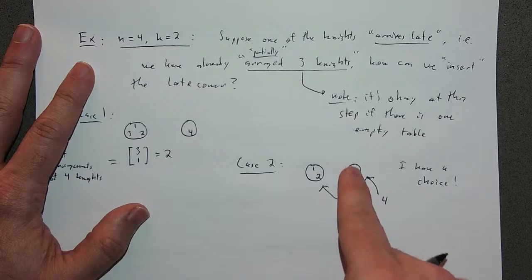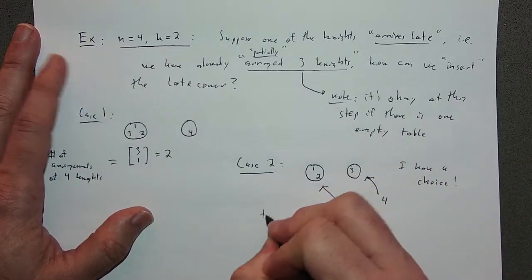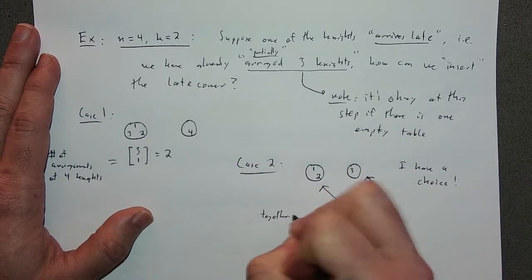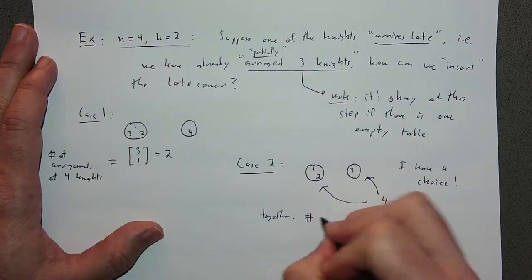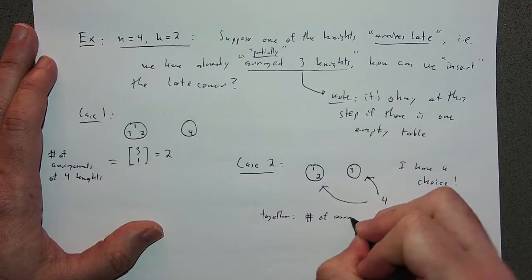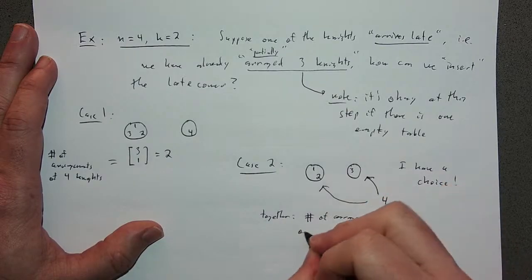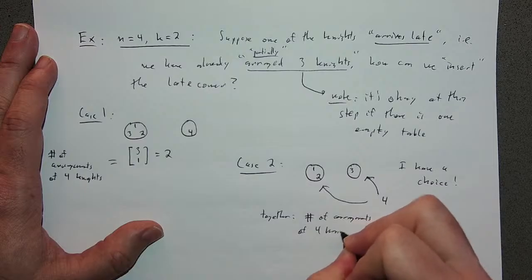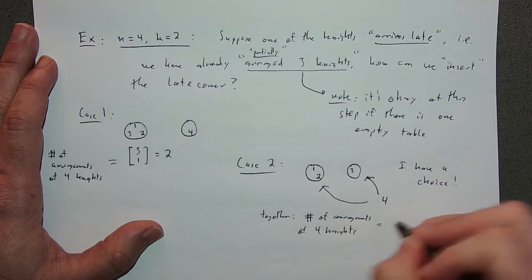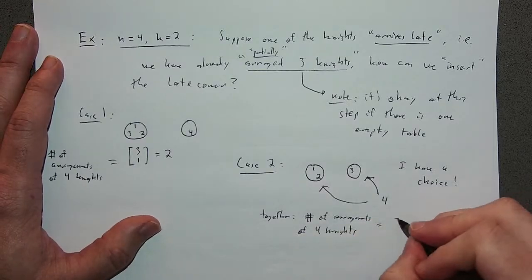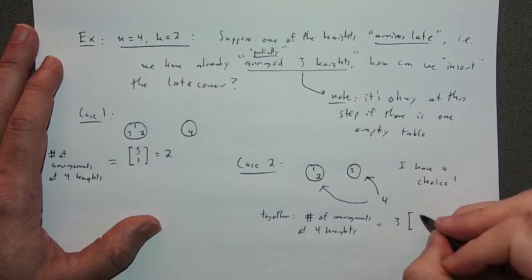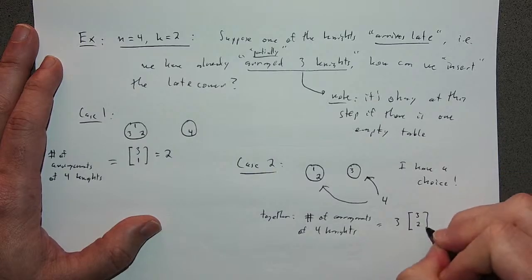So regardless, all taken together, the number of arrangements of 4 knights is 3 times the number of ways to seat 3 knights at 2 tables.